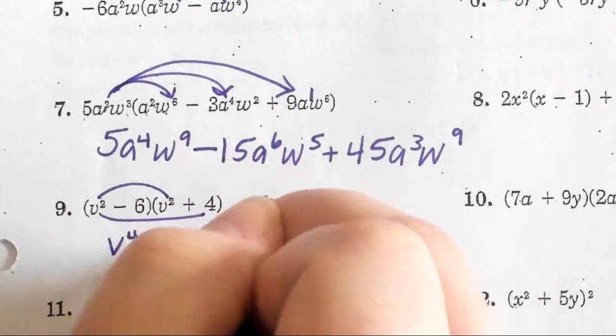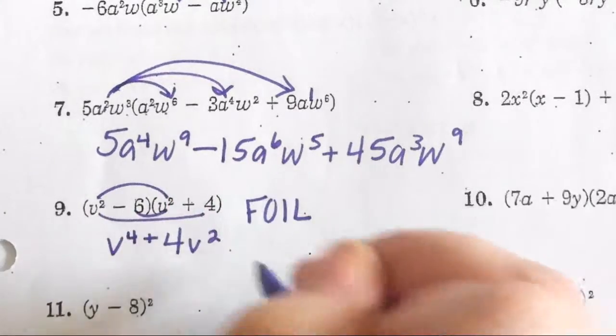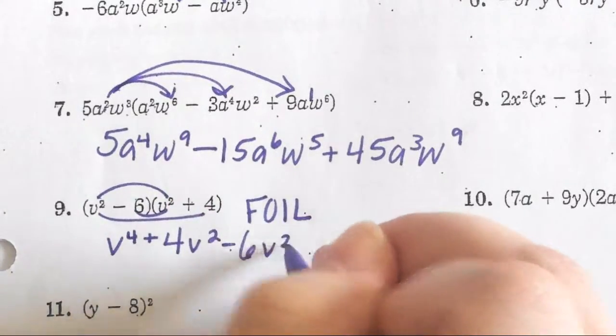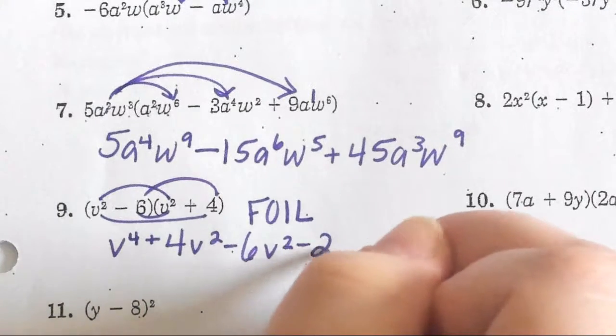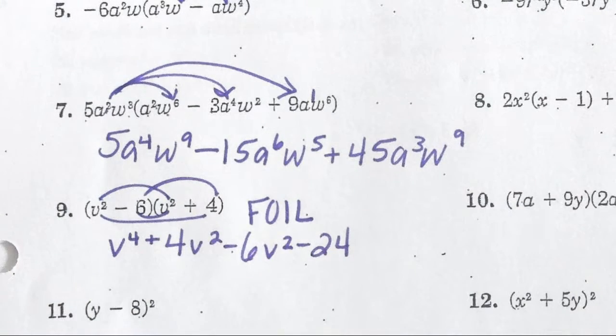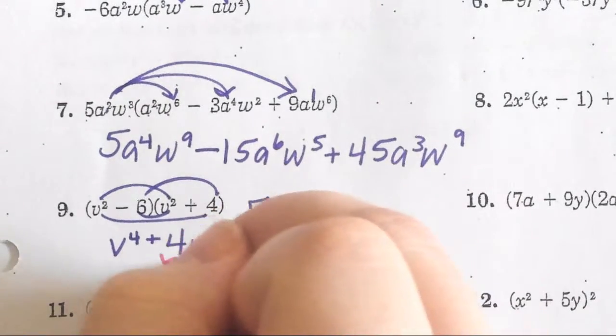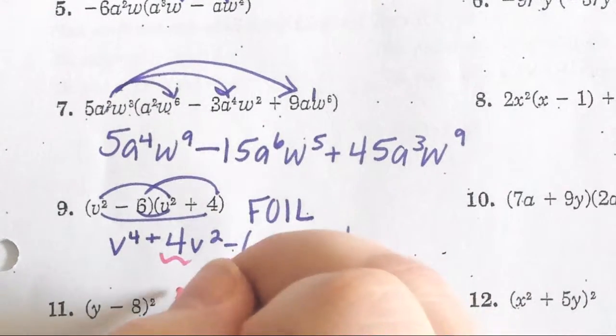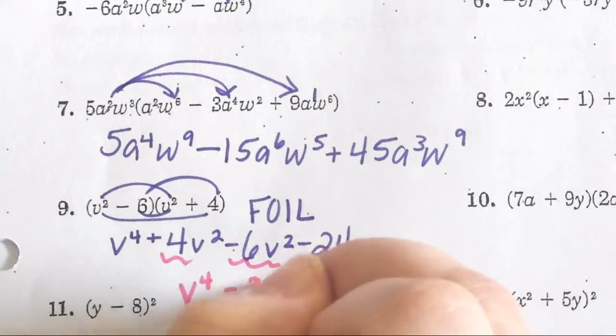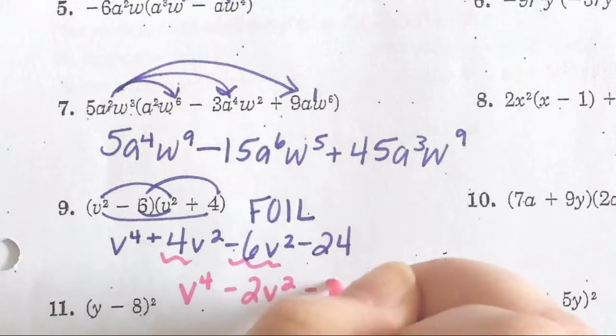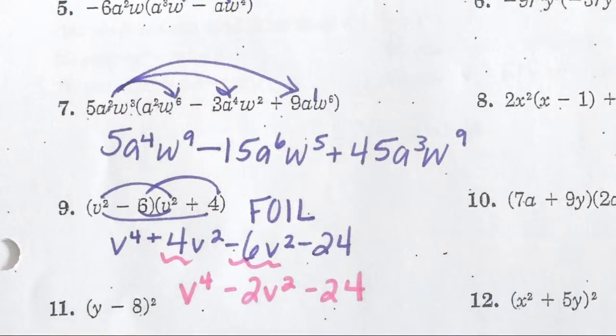Outer plus 4b squared, inner minus 6b squared, and then last, minus 24. Yes, there are like terms. So my final answer is b to the 4th minus 2b squared minus 24. Are there any questions about 7 or 9?